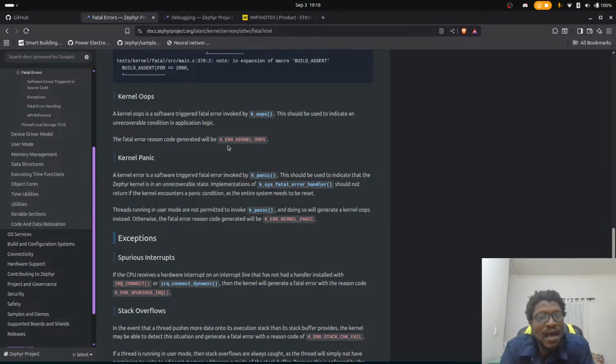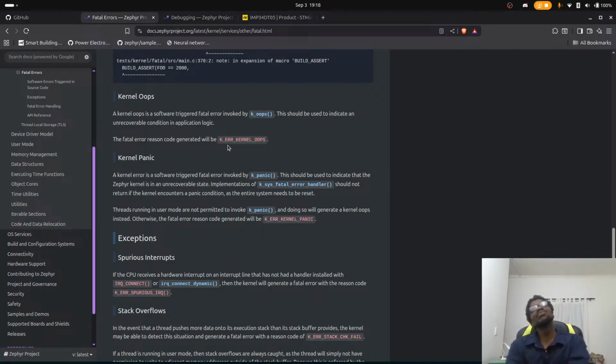I'll stay here. And then we also have a kernel panic, which is sort of like kernel oops in the way I see it, but it's used to indicate that some state that is unrecoverable has been reached by the kernel.